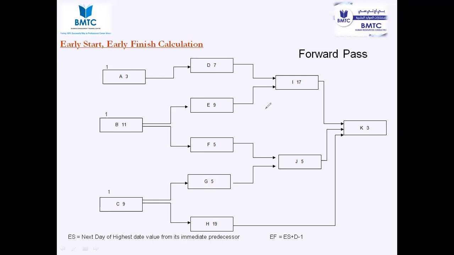For example, you start the first activity at day 1, and the activity will take 2 days. So you start the work on Sunday morning, and it will take 2 days. So what is the total you get? 3, right? Logically, you start your work on Sunday, you need to complete the work on Monday evening, right?